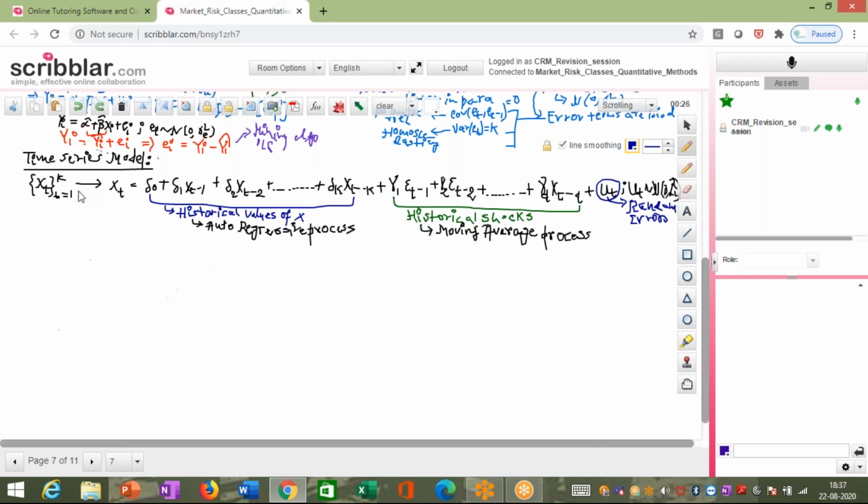okay, what are the assumptions, what are the properties of these models, right? So what are the key properties?